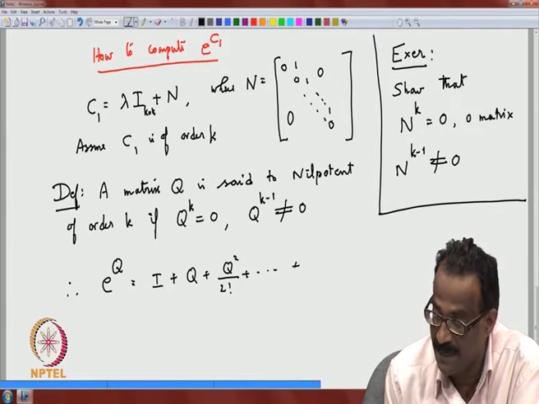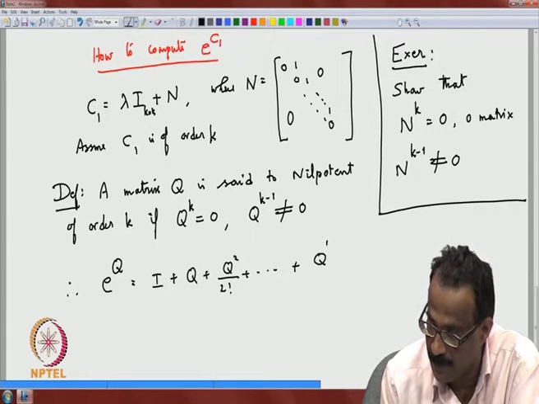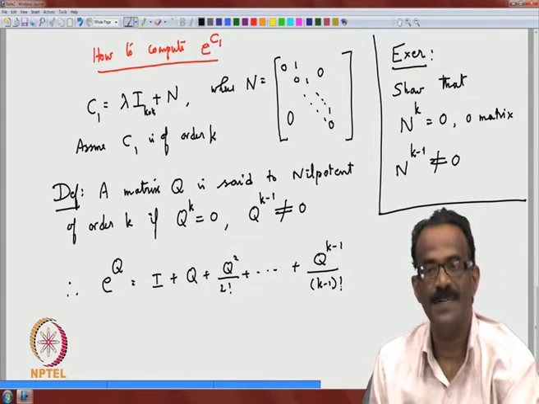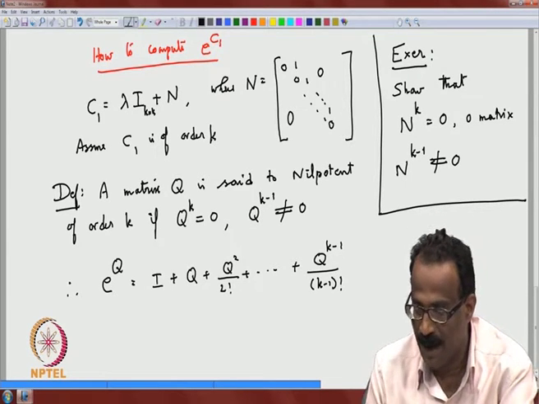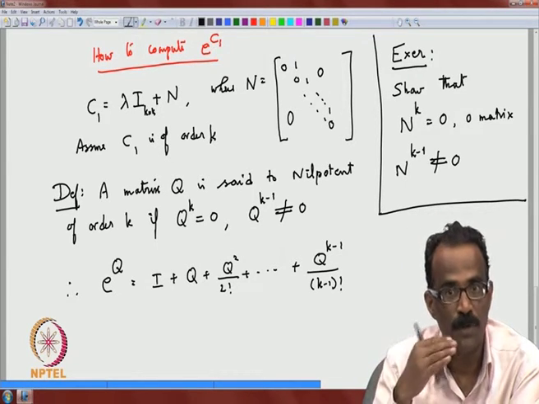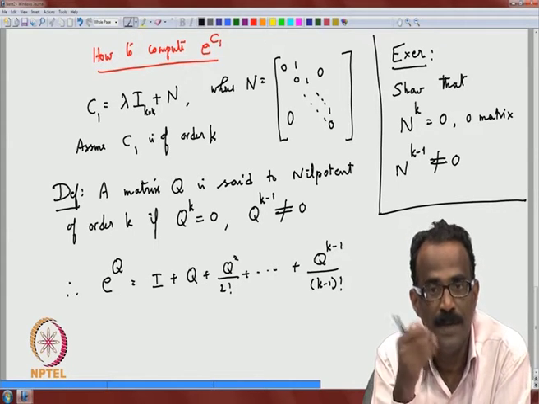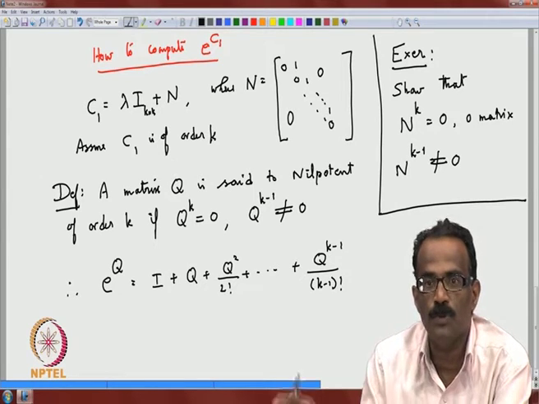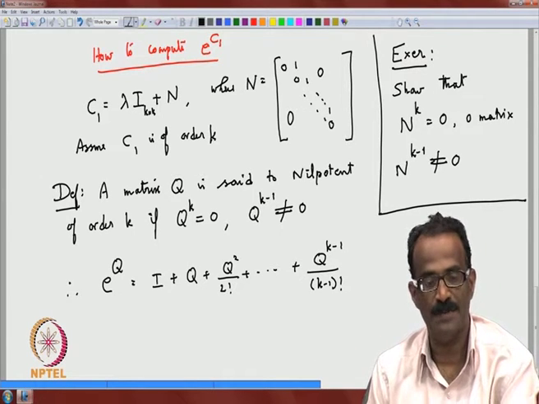Of course, if k is large you have a lot of work, but it is finite. After that everything is 0, because Q power k equal to 0 implies Q power k plus 1 equal to 0, Q power k plus 2 equal to 0, and it goes on. So you have the nilpotent.